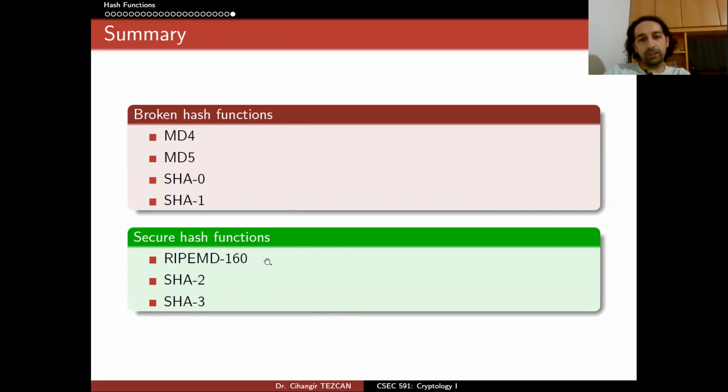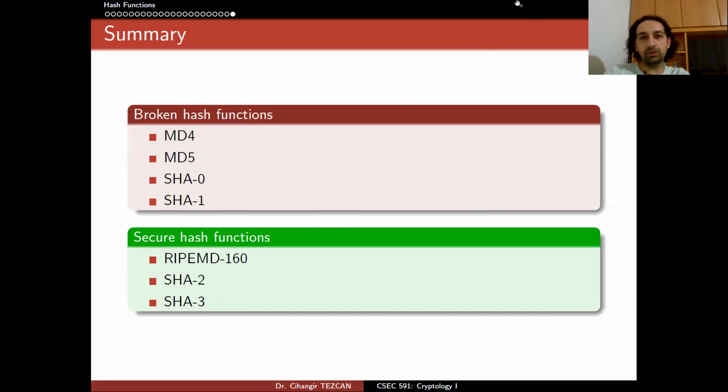Currently you can use RIPE-MD, which we haven't talked about, and its 160-bit output version is secure. So instead of SHA-1, you can use RIPE-MD. But for larger output sizes, SHA-2 and SHA-3 are secure, and you should be using them, and you should never be using these broken hash functions.